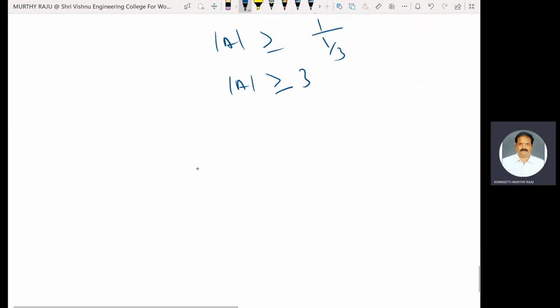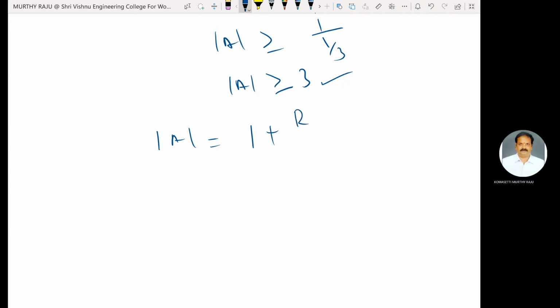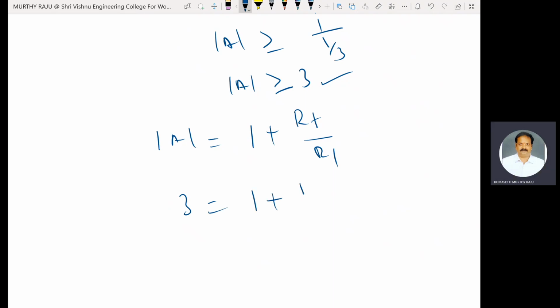The gain of the Wien Bridge oscillator for producing sustained oscillations is mod A greater than or equal to 3. We know that the gain of the non-inverting op amp used in the Wien Bridge oscillator is 1 plus RF by R1. Here mod A is equal to 3, so 1 plus RF by R1 is 3.